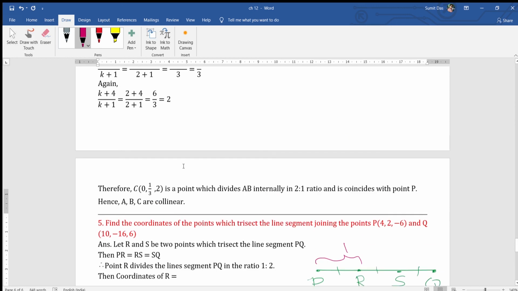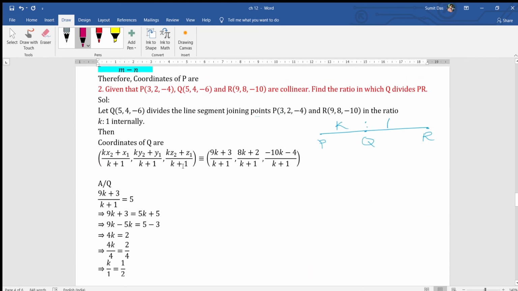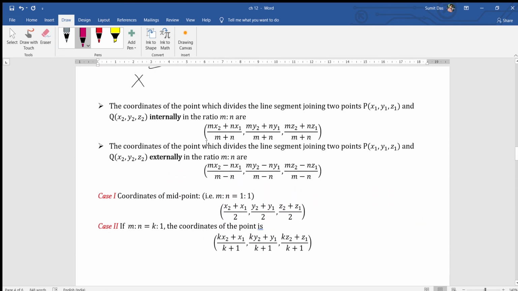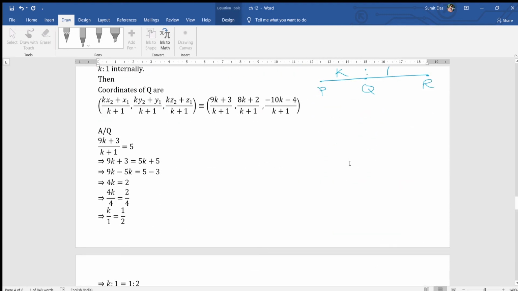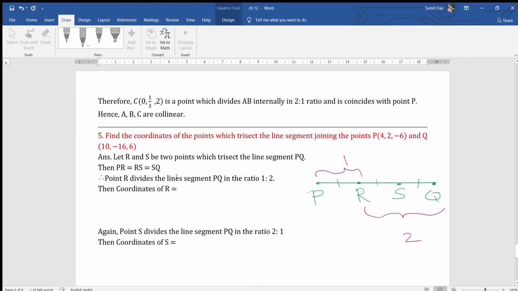How to find the coordinate of R? Put the formula.